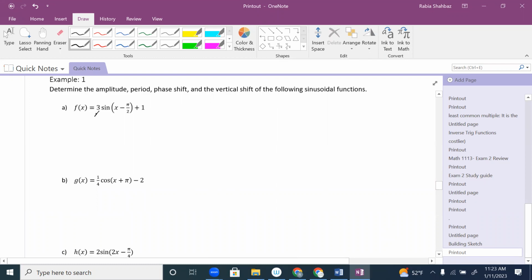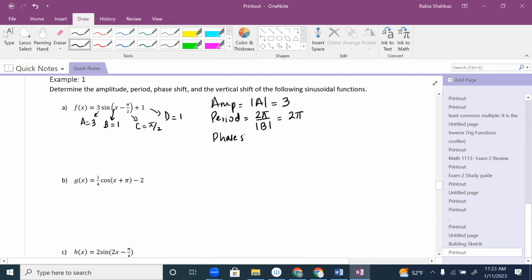So first I have here A is 3, B, there's no coefficient that we see before x, so it's 1. C is pi over 2, D is 1. So the amplitude, which is the absolute value of A, is 3. Period, which is 2 pi divided by the absolute value of B, is going to be just 2 pi.